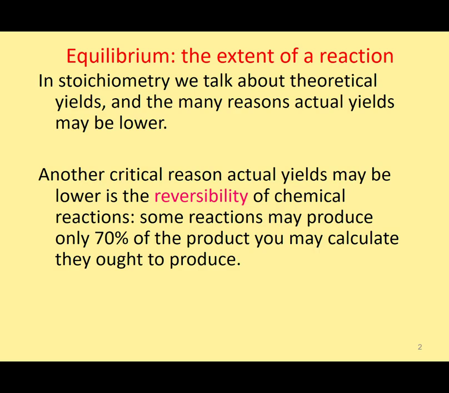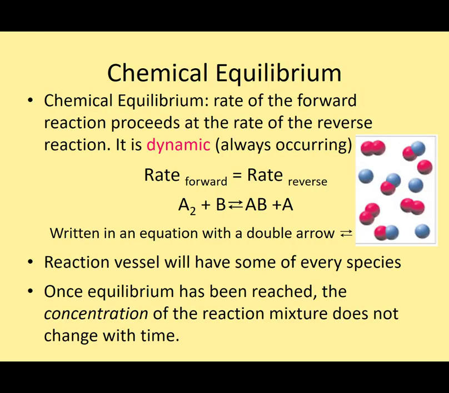There is a competition between, because the products form reactants, then it's actually going backwards and you're producing less than you might otherwise calculate with math.